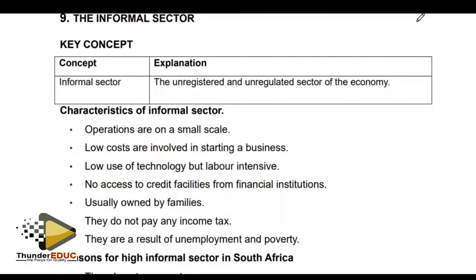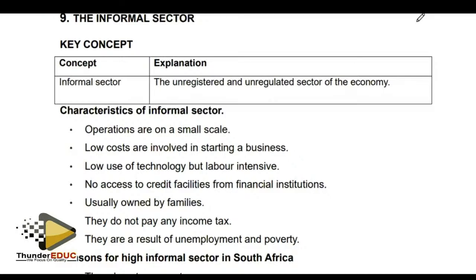Our next is the informal sector. All along, we have been looking at the formal sector. And the formal sector, as we know, consists of registered businesses which contribute to the GDP and to the economy positively.